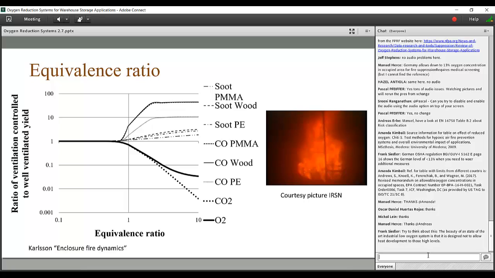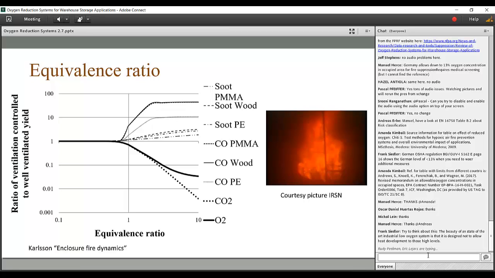So that means that for the lower equivalence ratios, these are the same, and once you go higher than 1, it's getting underventilated, as we also call it, and then you see that the soot is increasing, while also, for instance, parameters like carbon monoxide increase.